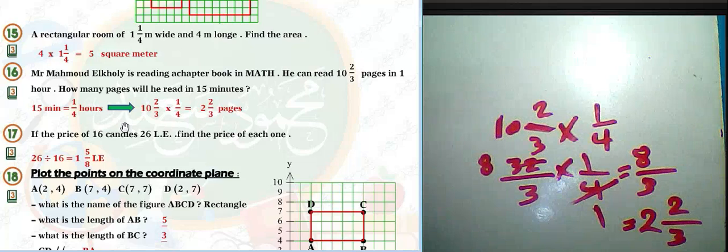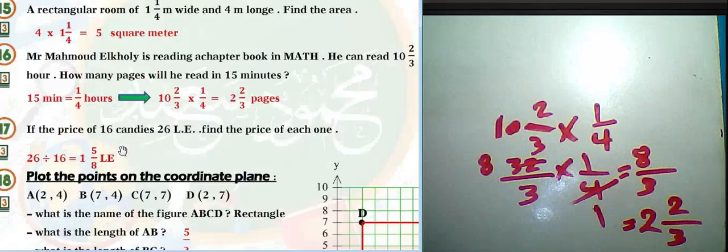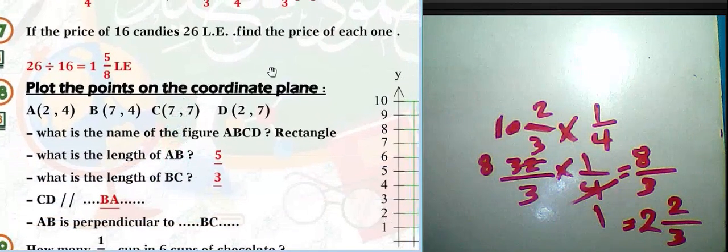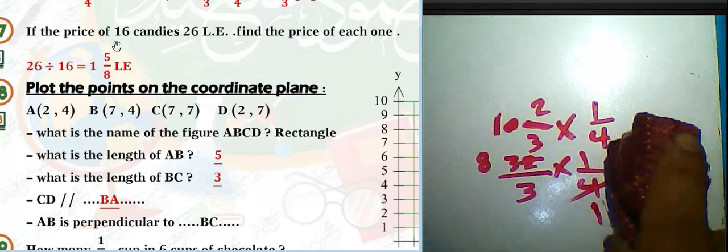Question 17. If the price of 16 candies is 26 lira, find the price of each one. We can divide 26 by 16. To find the price of each one, we must divide the total money by the number of candies.